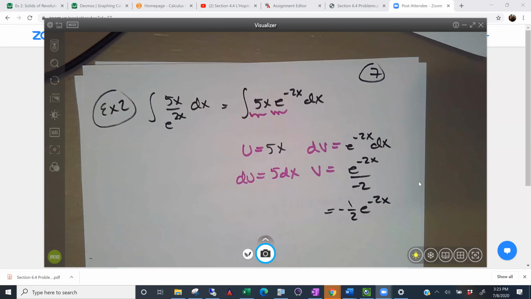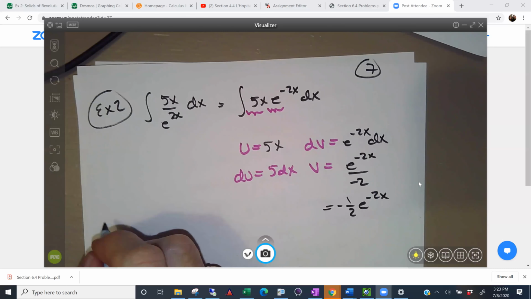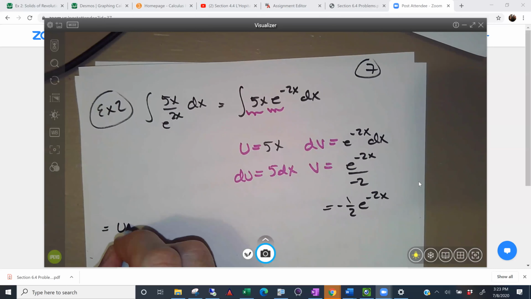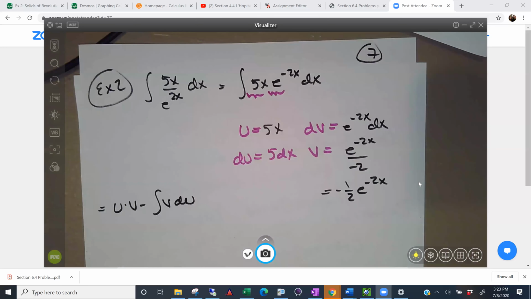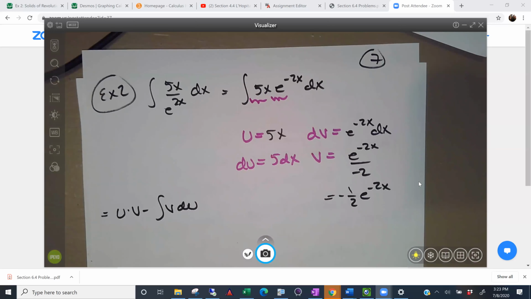So let's put this together. Remember, that's going to equal u times v minus the integral of v du. And what's that going to turn out to be?